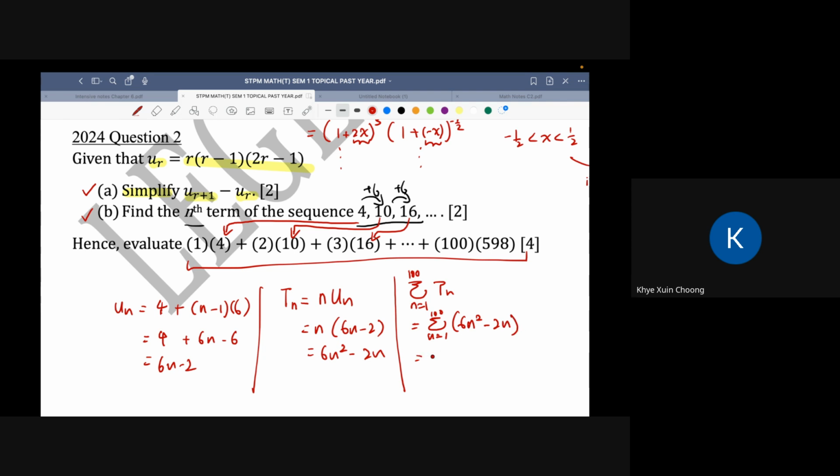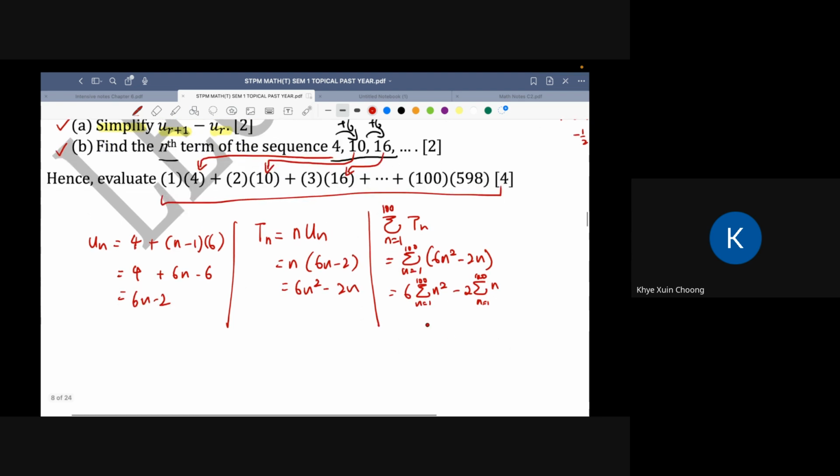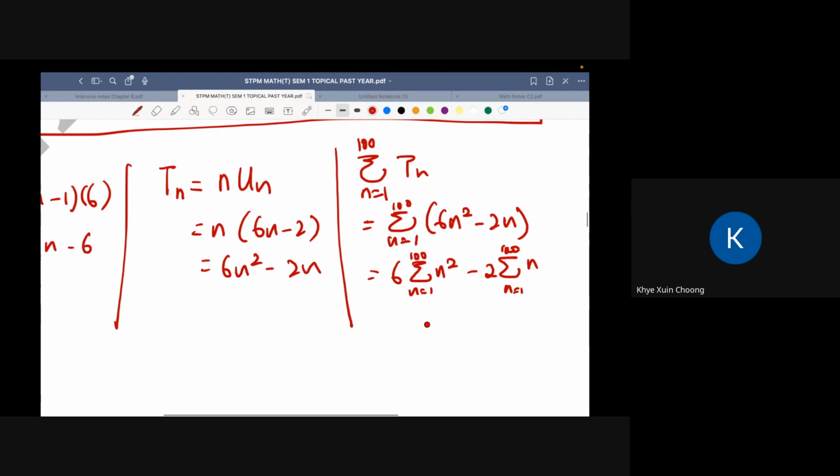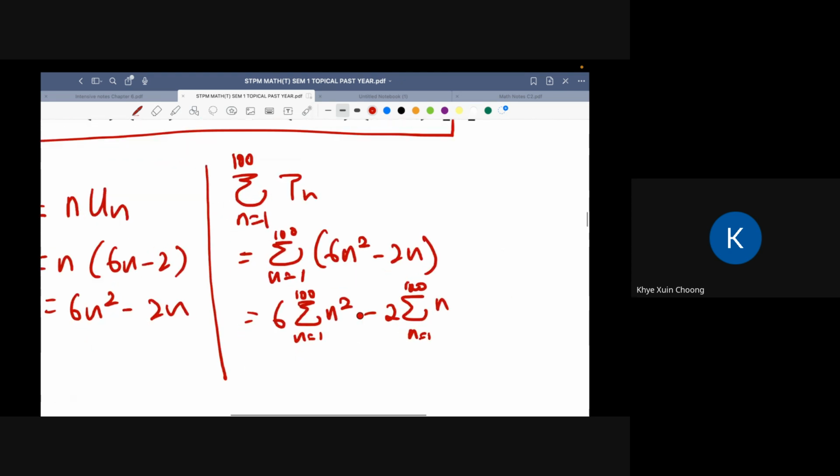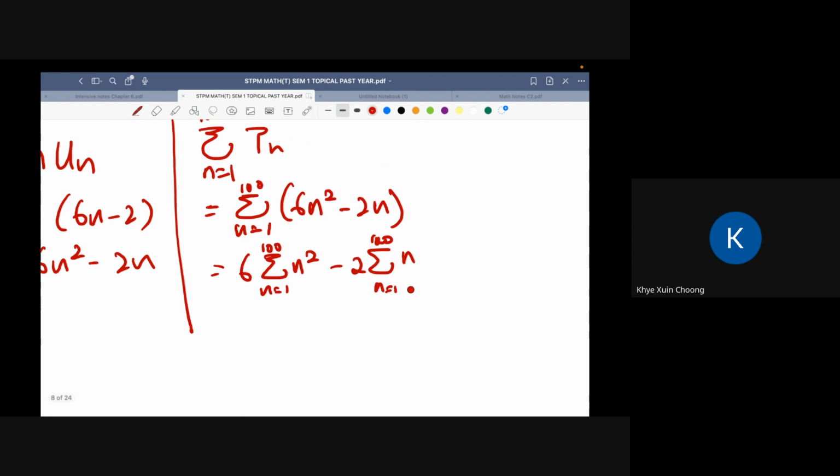This is equivalent to 6 times the sum of n squared, minus 2 times the sum of n, from n equals 1 to 100. At least you can do until here. How to do these two? Actually, these two we have the formula.